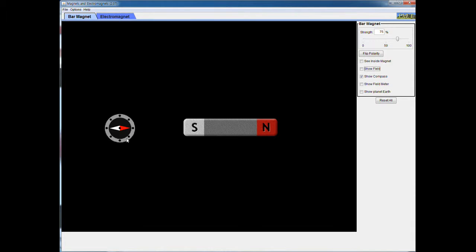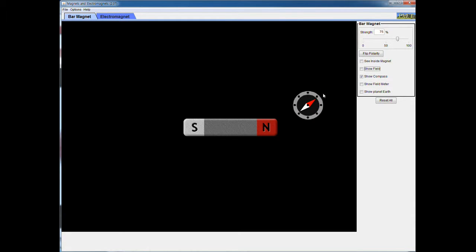How about around the north pole? If I quickly move it to the opposite side, you see that it's still pointing to the right. So it's coming out. The magnetic field around the north pole will be coming out from the north pole. Okay, and how about around here? If I slowly move it, you see that this compass is no longer horizontal, but it's pointing away from the north pole.